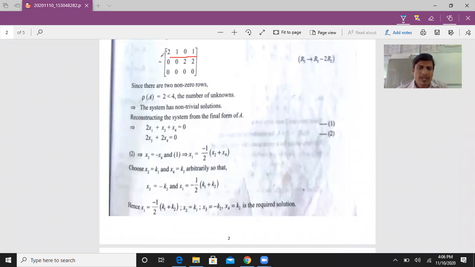That's why 2x1 plus 1x2. Okay, here 0x3 is there. I neglect this one. After that, x4 equal to 0. Okay, this is the one equation.